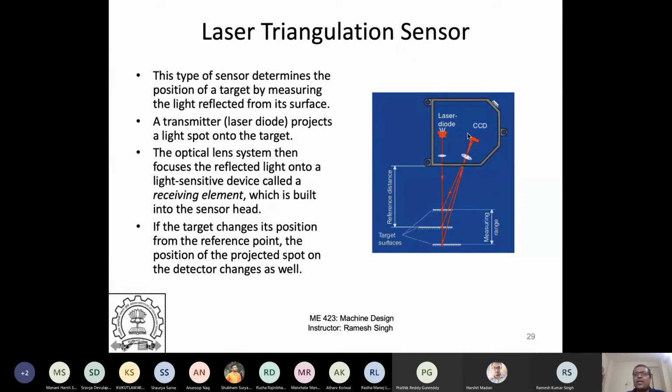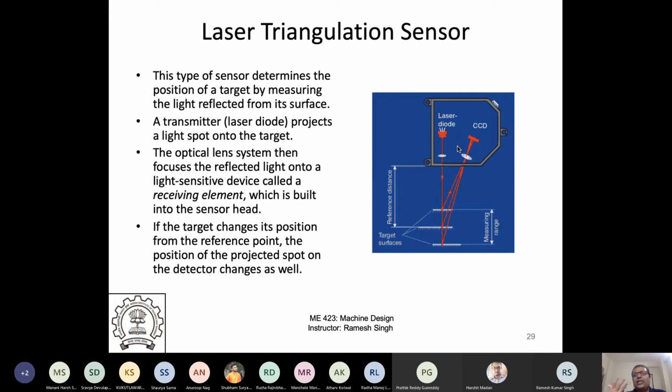So I have a laser diode and I have a CCD camera. How the image forms here will be a function of where it is reflected from. If it is from here, the angle is different. If it is from here, the angle is different. So where the image is formed on the CCD can be acquired, right?